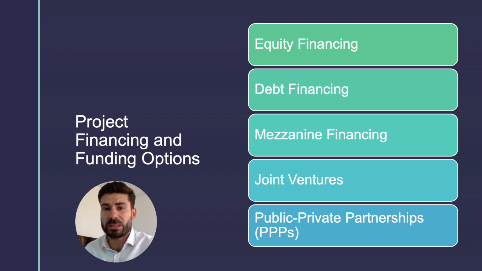Joint venture partnerships allow you to partner with other entities, sharing both the risks and the rewards. Public-private partnerships, or PPPs, are collaborations with government bodies, often used for larger scale projects. Each of these funding options has its own pros and cons, and the right choice depends on your project specifics.